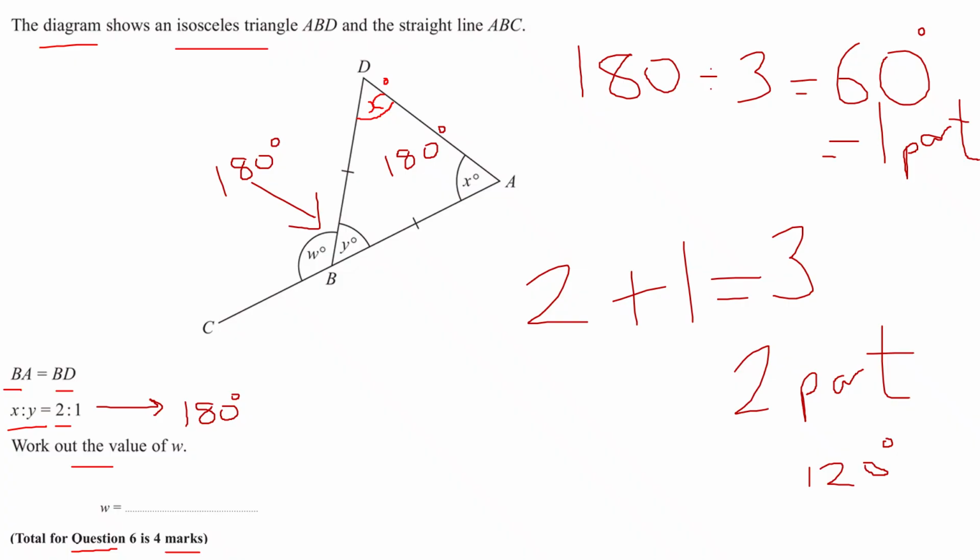So we're going to share it here. That's 60, that makes 180. x to y is 2 to 1, so x is double y.